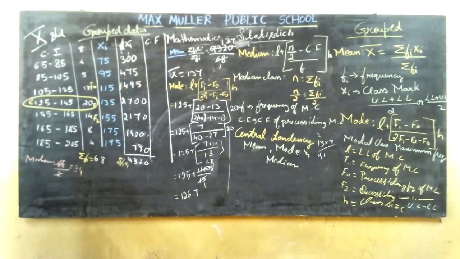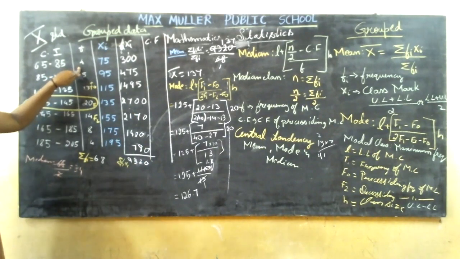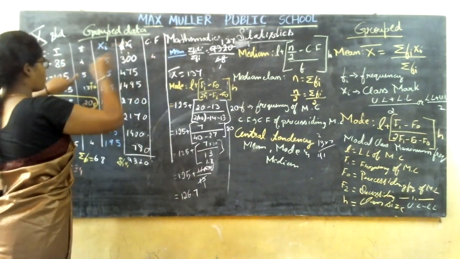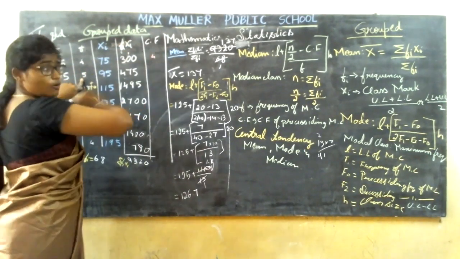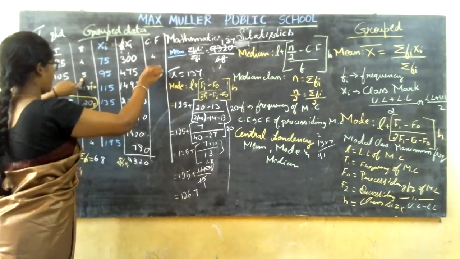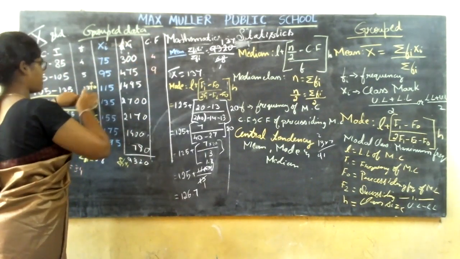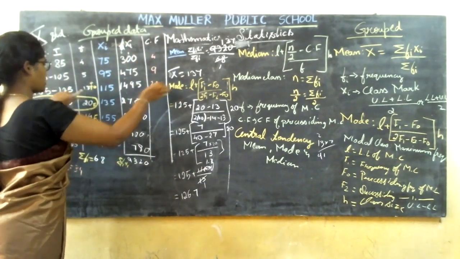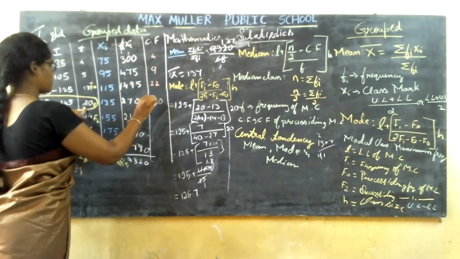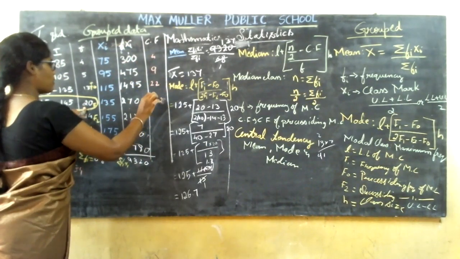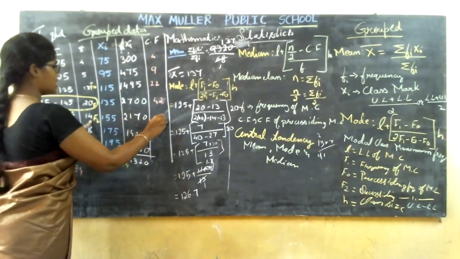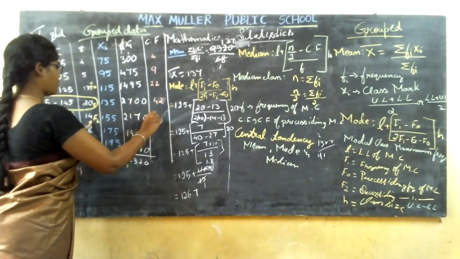How are you going to find out the cumulative frequency? Zigzag with respect to f. So first number as it is, then 4 plus 5 is 9. 9 plus 13: 9 plus 3 is 12, 1 carry, 1 plus 1 is 2, so 22. 22 plus 20 is 42. 42 plus 14: 2 plus 4 is 6, 4 plus 1 is 5, so 56.